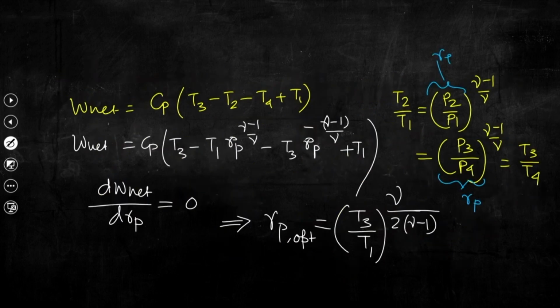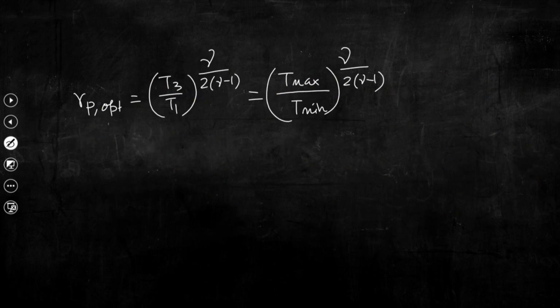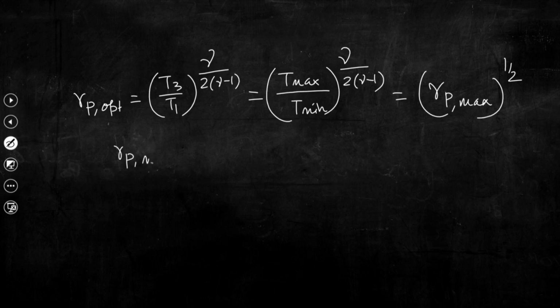So, basically what we can do here, this is Rp max power half, that means Rp max equal to Rp optimum square. That means optimum value of Rp should be root of Rp maximum.